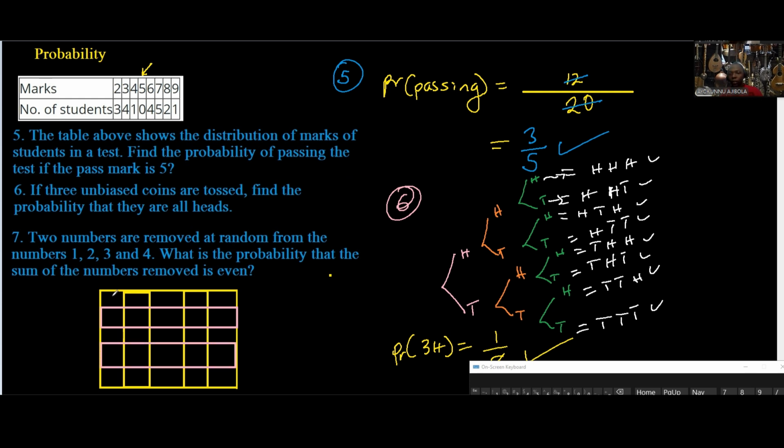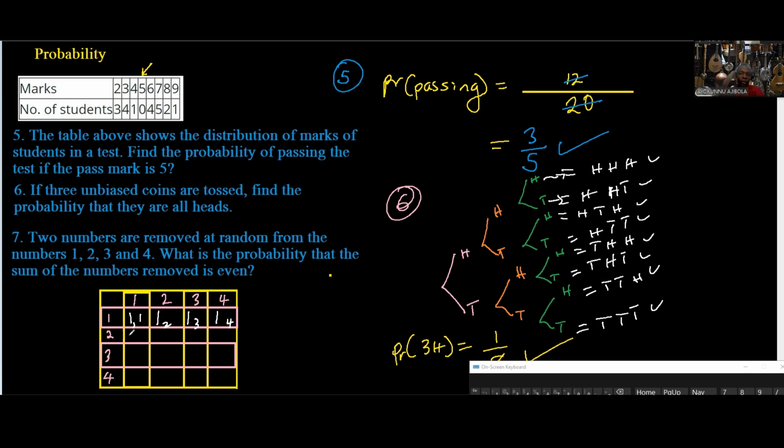So if there is 1, 2, 3, and 4, you have another 1, 2, 3, and 4 here, okay? Yes, sir. Then it's possible the numbers are 1 and 1, or 1 first, then 2, or 1 first and then 3 as the second number, or 1 first and 4 second.